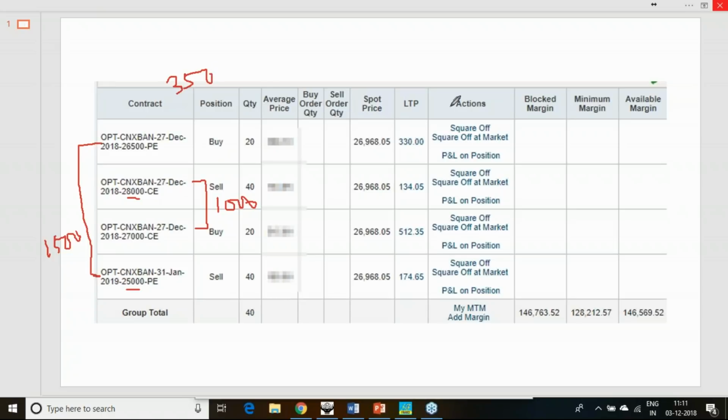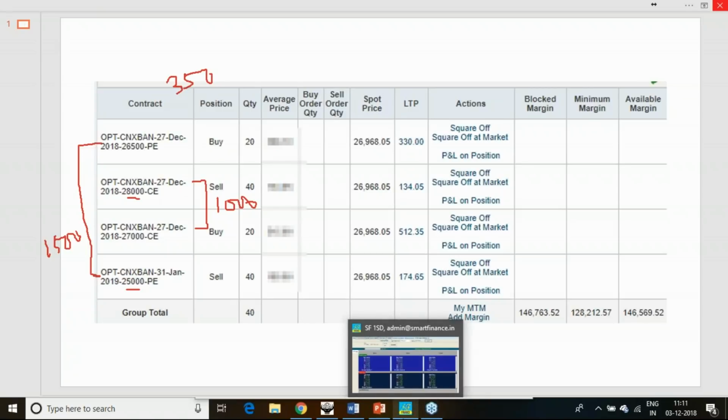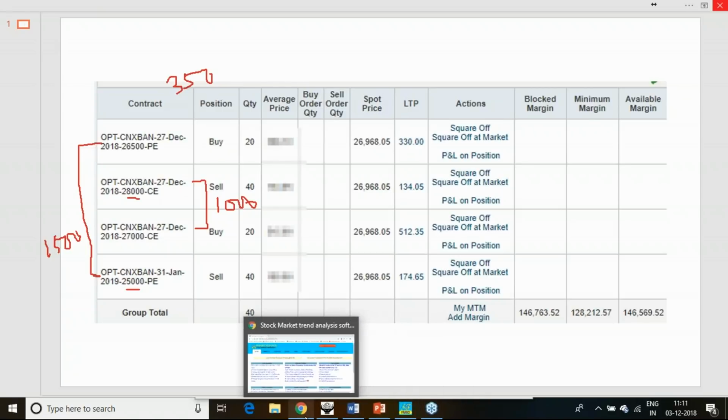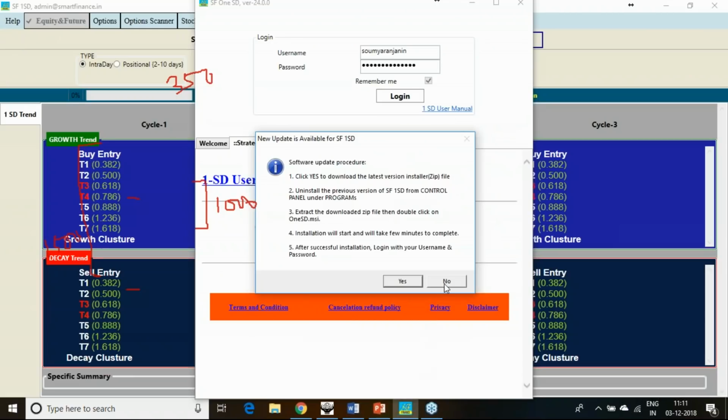That technicality you can understand once you use any of the option strategies from this software. Once you form this kind of strategy, you have a great hold on your trade.